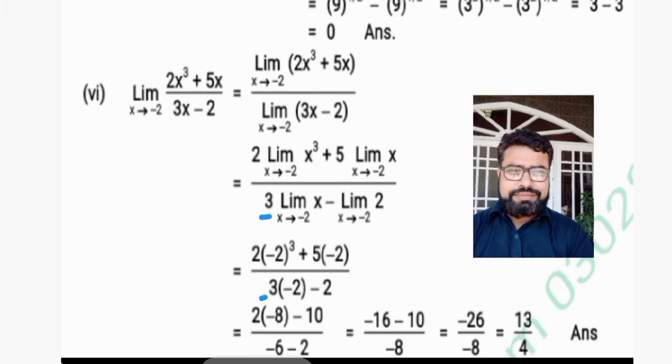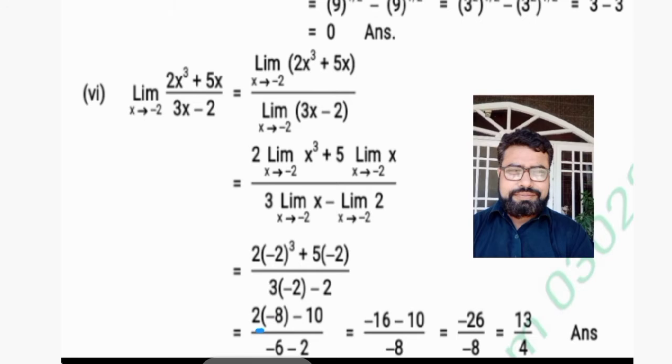As there is 3, so we will write 3, and value of x is minus 2, so we will write minus 2. It will be multiplied with 3, and as there is no x, so we cannot put the value of x, and 2 will be written same. As there is sign of subtraction, so we will write sign of subtraction between two terms. Now we will simplify it further.